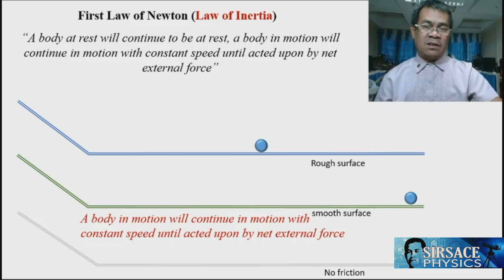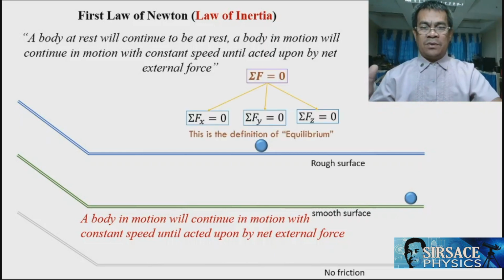So this is great evidence of the first law of Newton. So therefore, the net external force is zero, and it must again satisfy the three conditions. Summing up all forces along x is equal to 0, along y is 0, and along z should be 0. And this is also the definition of equilibrium.